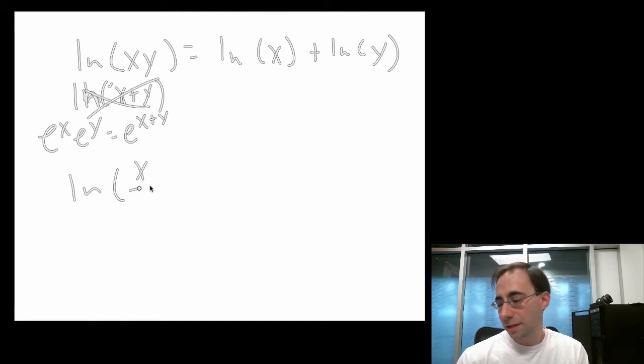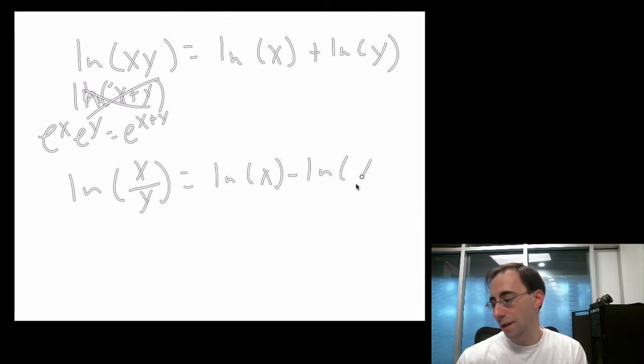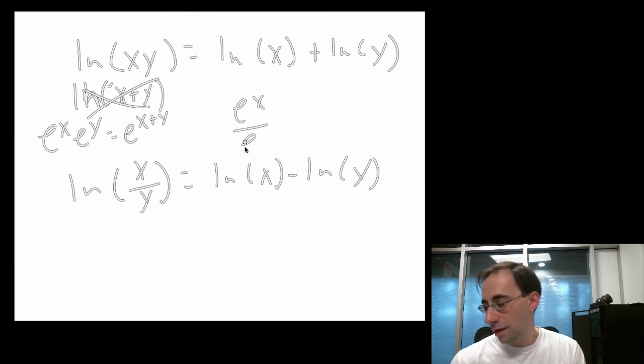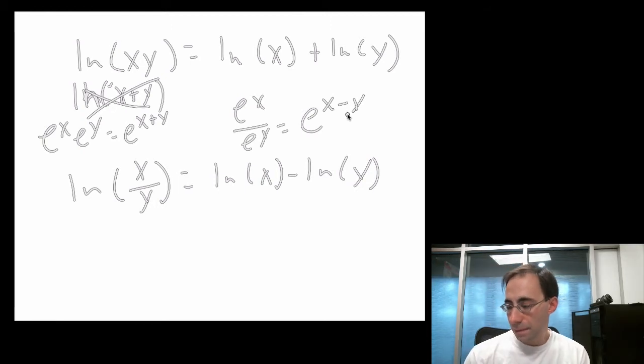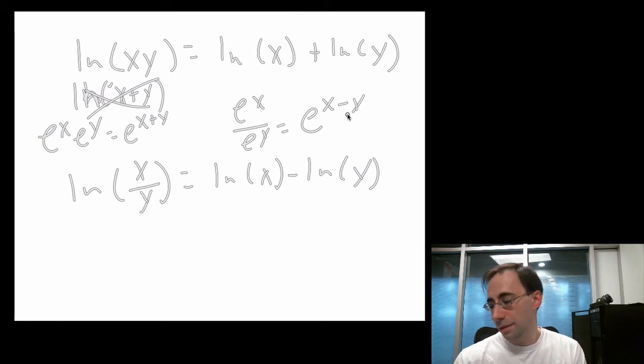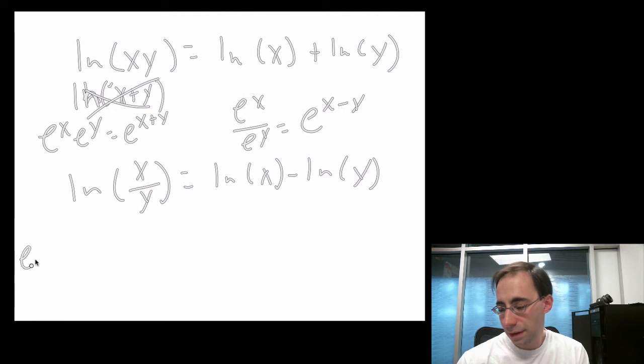Similarly, log of x over y equals the log of x minus log of y, just like e to the x over e to the y equals e to the x minus y. And that's because e to the negative y equals 1 over e to the y. That's why that works.